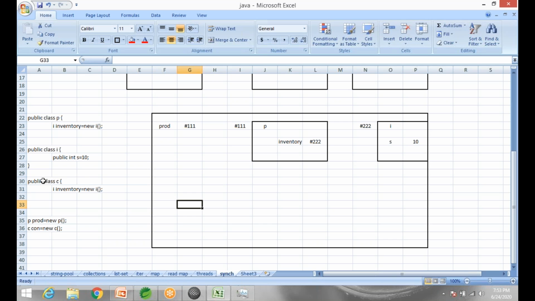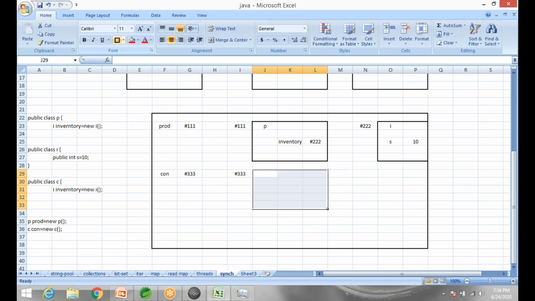Similarly, what happens with consumer equals new C? An object is created for C with a new reference. This object has what? Inventory. Inventory is the reference.